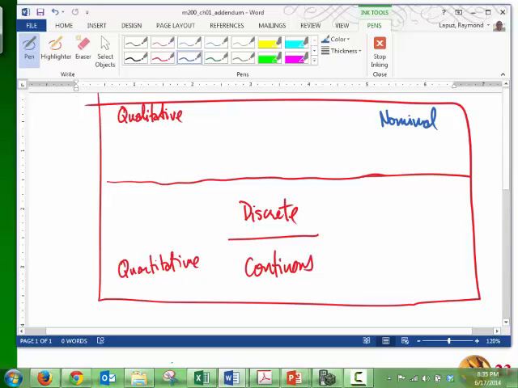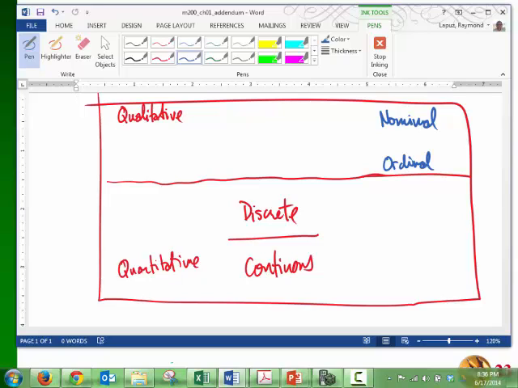Now ordinal is something that you can put in meaningful order, but it doesn't have a meaningful distance between them.